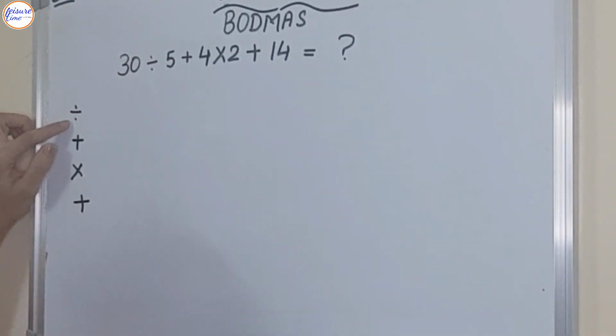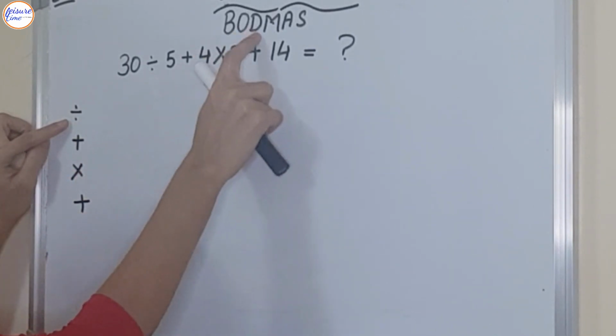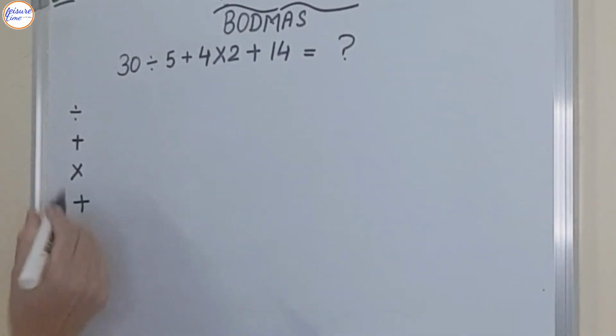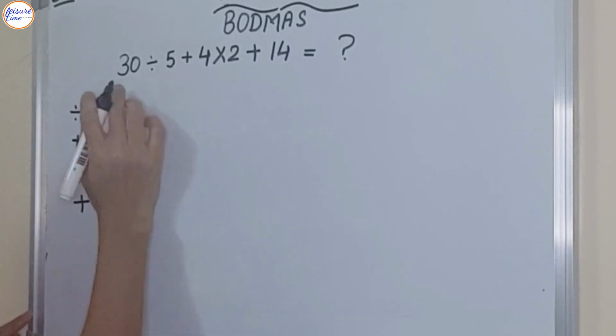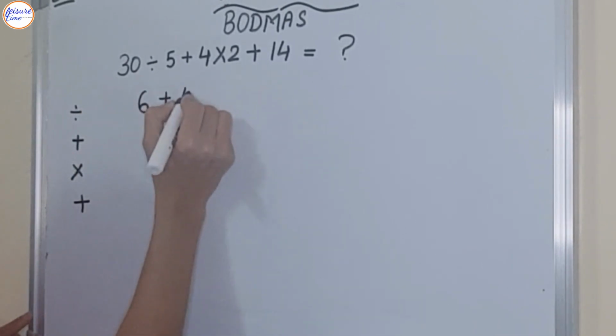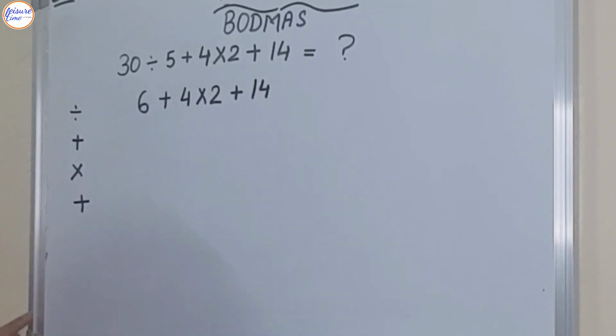Your first operation is division and of course division should be solved first. So now see, 30 divided by 5. How much? 6. Then addition 4, multiplication 2, addition 14.